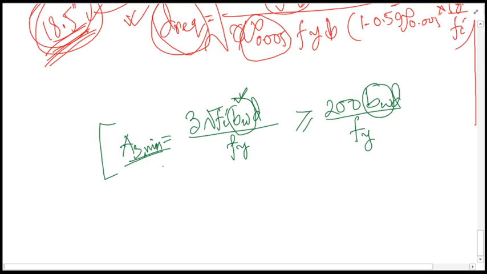After all the As required has been obtained, you will see whether As minimum is governing or not. If it is governing, then you will have to provide accordingly, otherwise you will go for the As required, and the maximum is required for negative. You will be using it for all the beams.